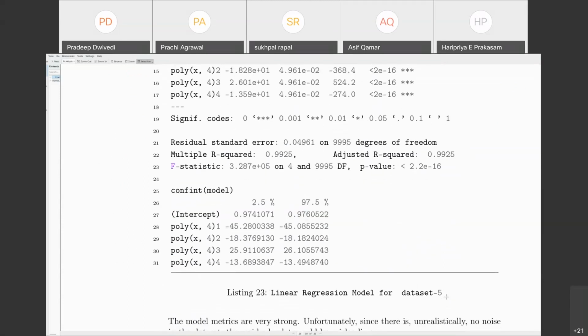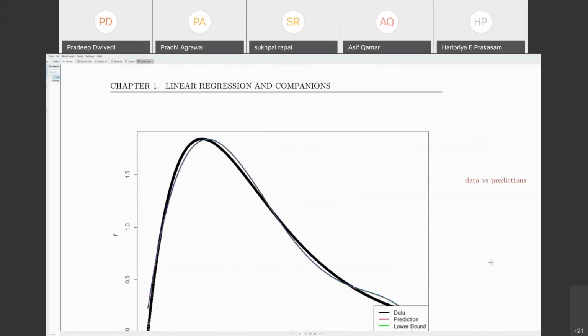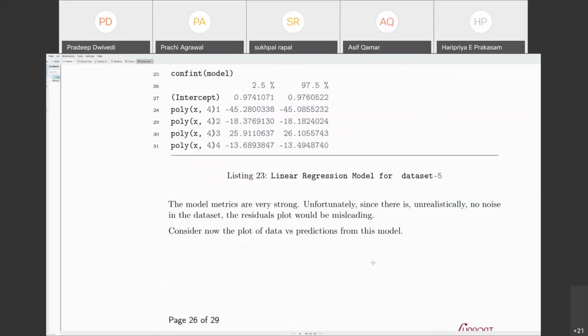But then you try to look at the residual plot. Oh, I haven't done the residual plot. Actually, I should have. The residual plot will be misleading, and it's something to know that when the data is very clean, you get strange residual plots. Those residual plots do tell you that your approach is wrong.